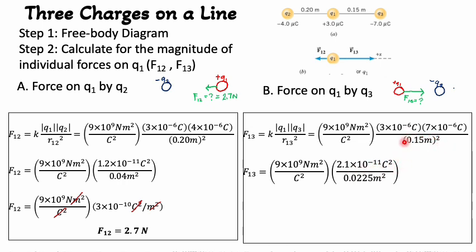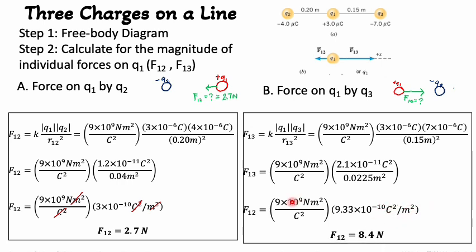Use the square of the separation distance, 0.15 meters, which is 0.0225 meters squared. And then divide it, and you will get 9.33 times 10 raised to negative 10 Coulomb squared per meter squared.